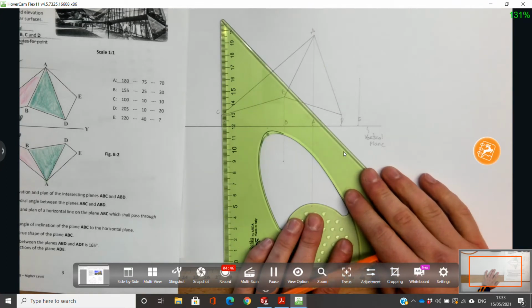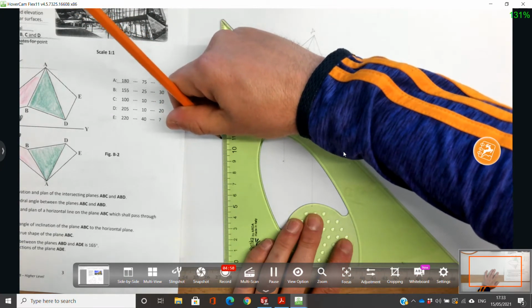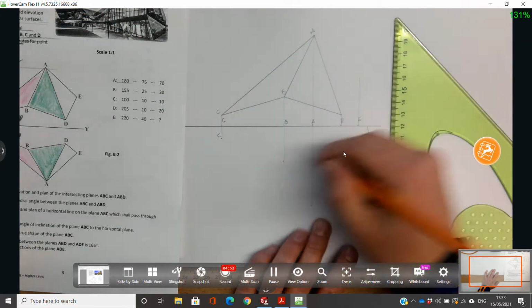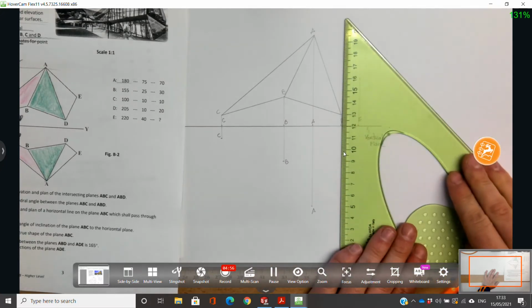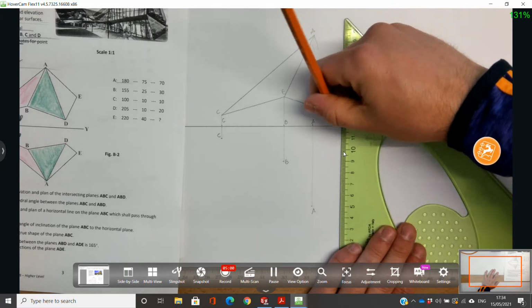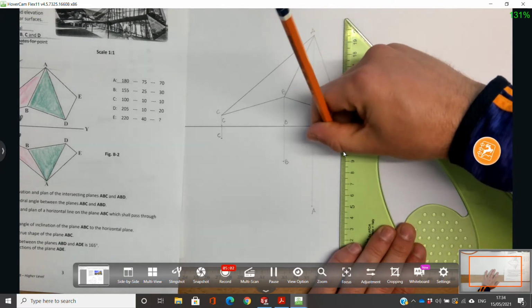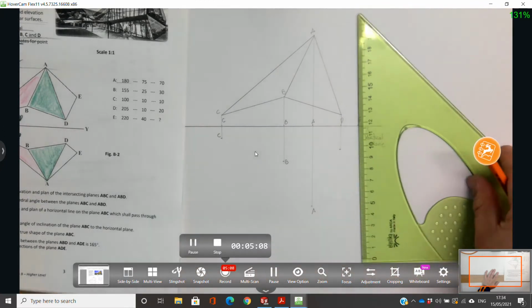I meant to say vertical plane. I'm not sure what I said. There's point C. B, A and D is 20 millimeters from the vertical plane in plan. And we can join them together.